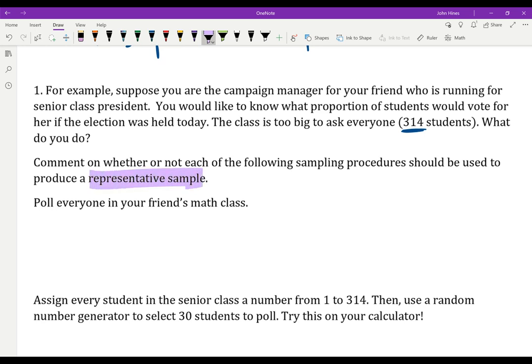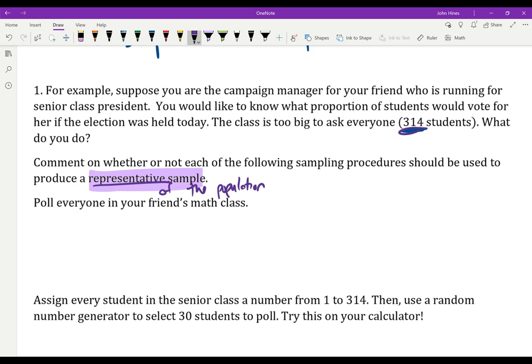When we take a sample, it has to represent the population. It has to be representative of the population. What do I mean by that? I need the sample to be random and fair and actually represent what the overall population looks like. So if I just poll everyone in my friend's math class, did everyone have an equal chance?